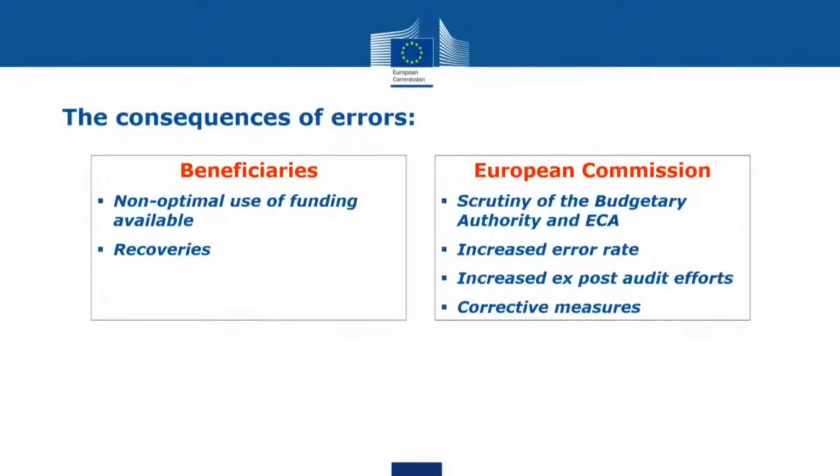There could be an increased error rate as well, of course, increased ex post audit efforts to detect such errors, and eventual corrective measures that may be applied. So this in a nutshell is the consequences of errors and why we would like to avoid them, of course.